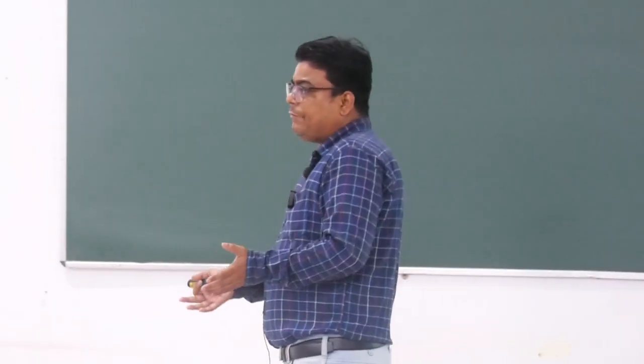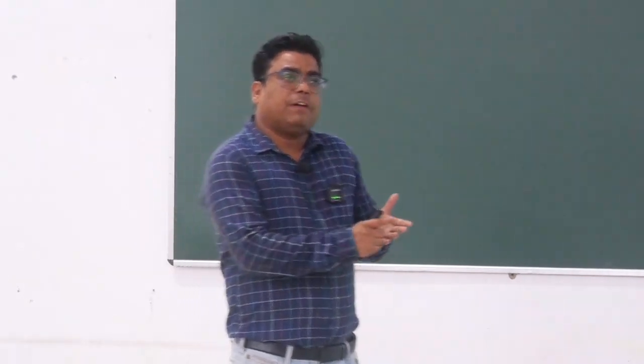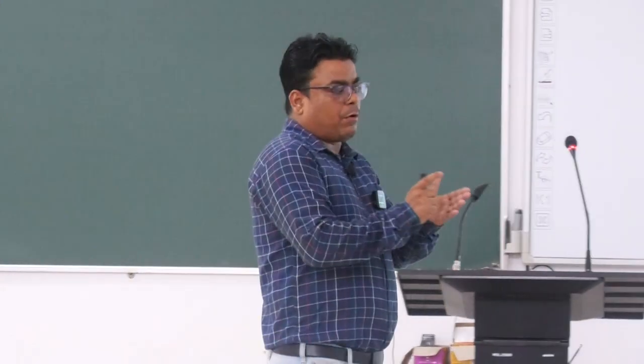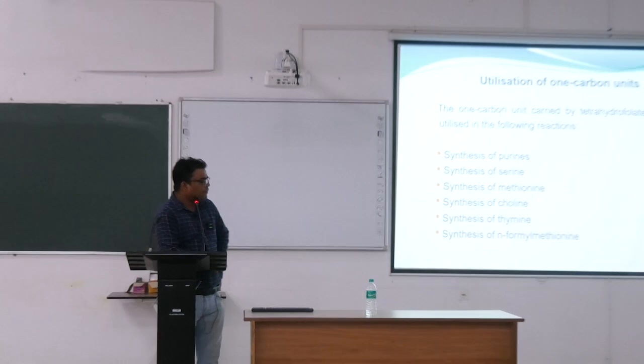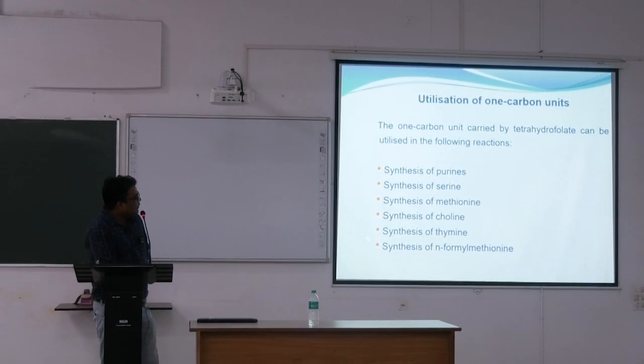It is helpful for the synthesis of choline and thymine, because if these one carbon moieties are properly transferred by tetrahydrofolate, it helps in the synthesis of all these compounds. So this is directly the function of this vitamin.